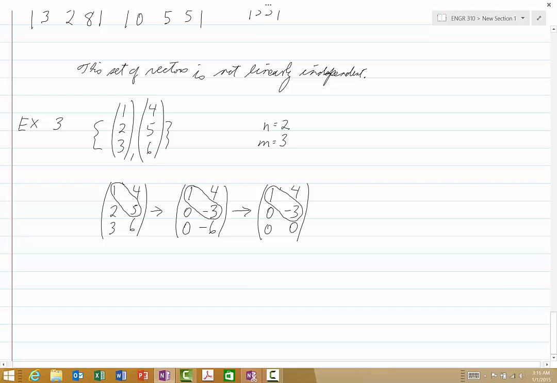Now we have reached the point where all the entries below the main diagonal are 0. And so now we look at the main diagonal, and these numbers 1 and 3 are the main diagonal. Neither one of them is equal to 0, and therefore this set of vectors is linearly independent.